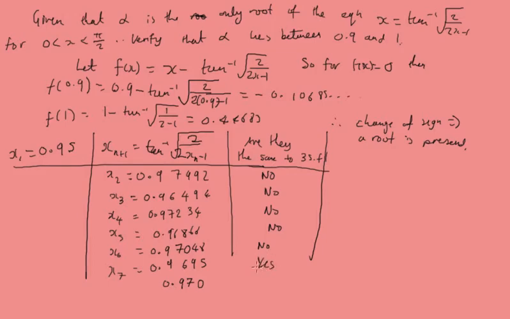So yes, it is. So alpha is 0.970 to three significant figures.